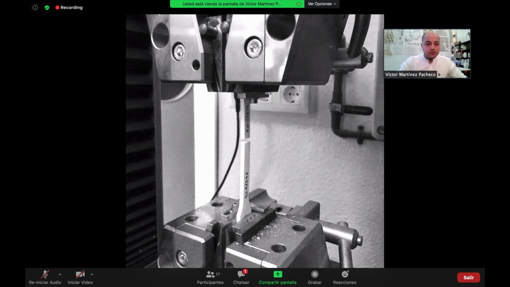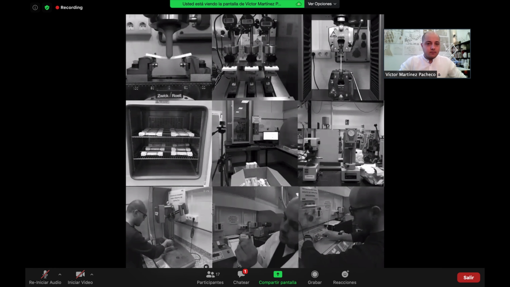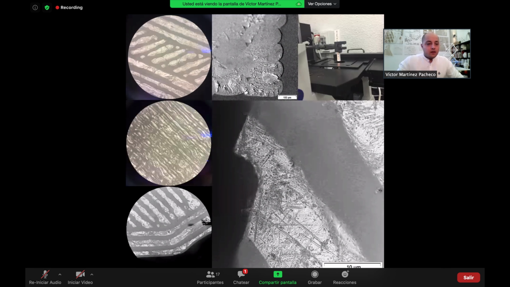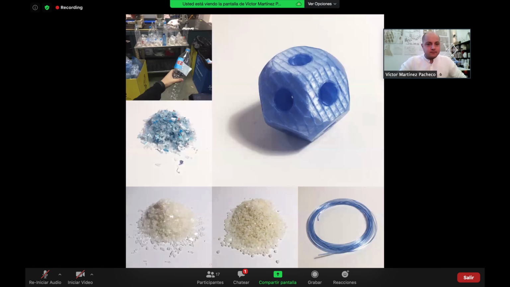They were coded, they were tested, were analyzed, and finally, a recycling phase of plastic bottles was carried out. They were selected, were crushed.